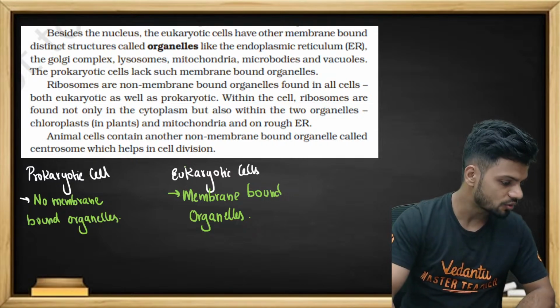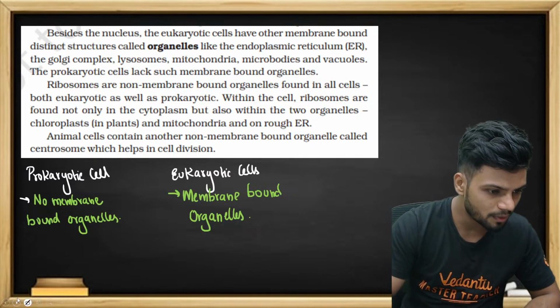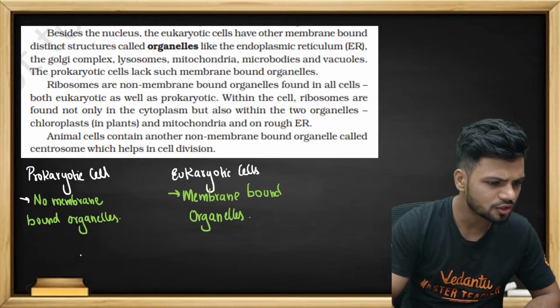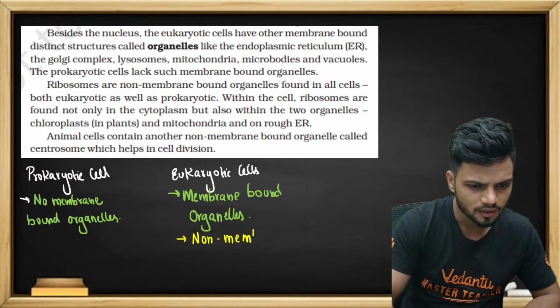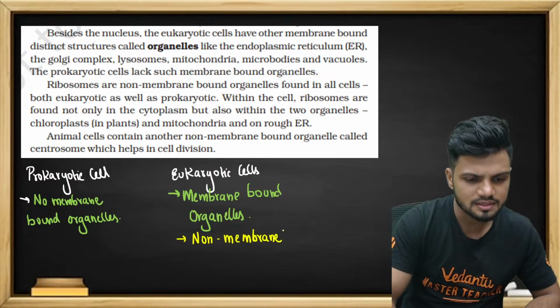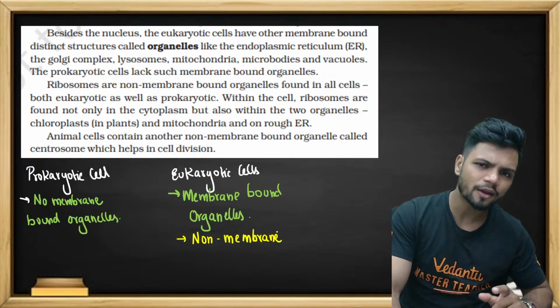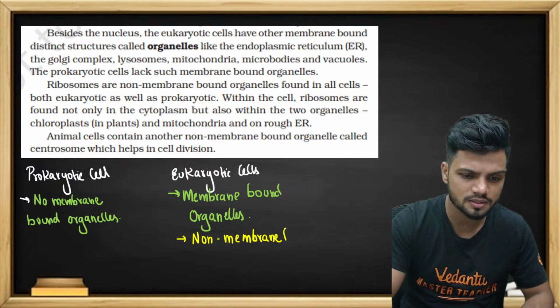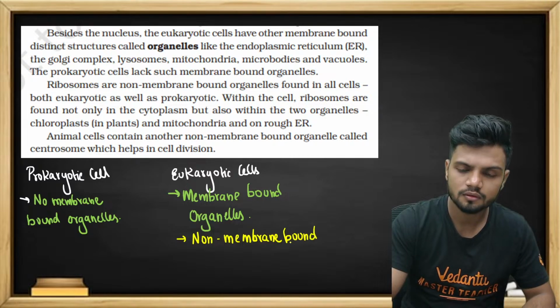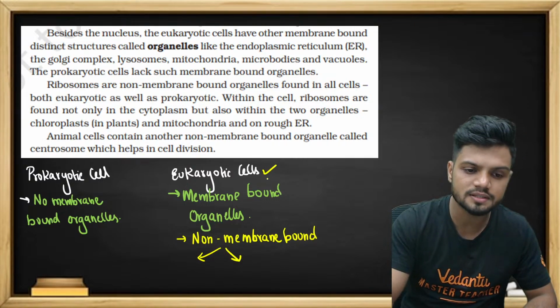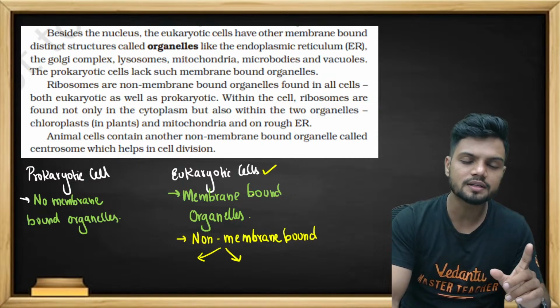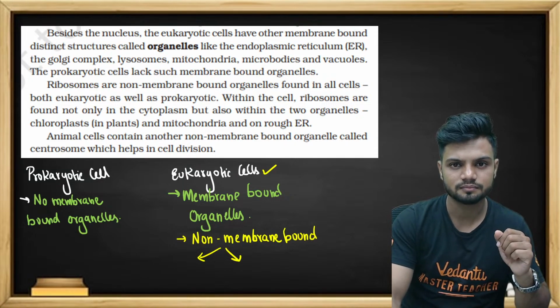Vacuoles, microbodies, everything. But students, tell me, under eukaryotes, do we also have something called non-membrane bound organelles? Yes, we have. There are two organelles as such. Even though they are found in the eukaryotic cell, they do not have any membrane.